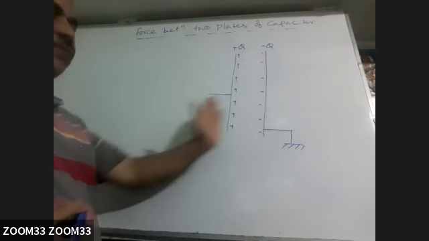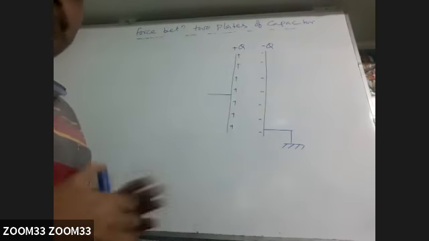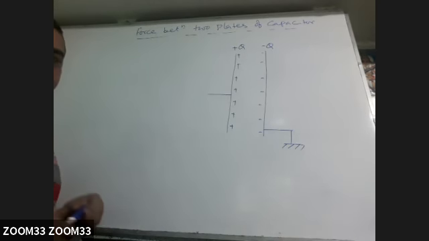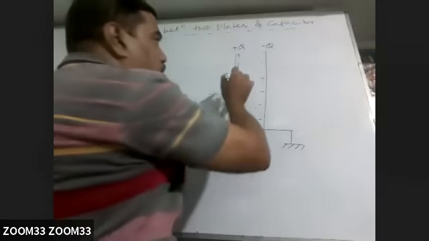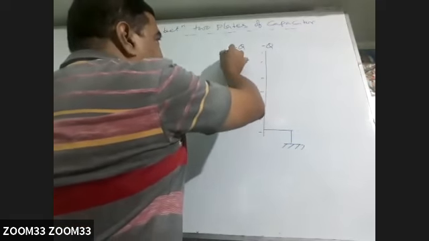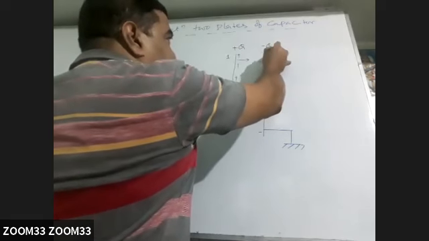As they are having opposite charge, naturally there will be force of attraction between these two plates. This will experience a force in this direction. Suppose this first plate, and this is second plate.